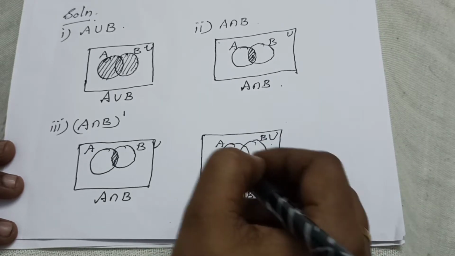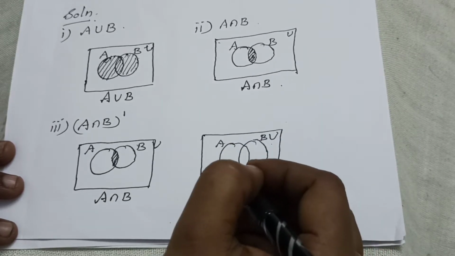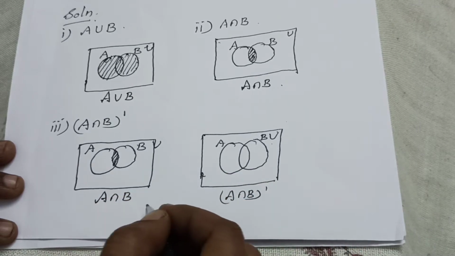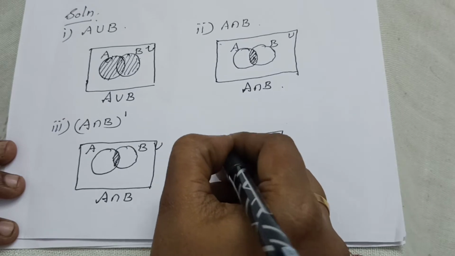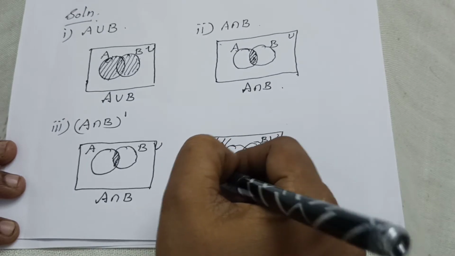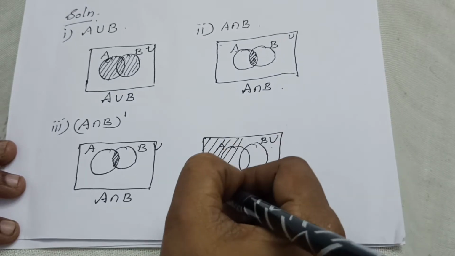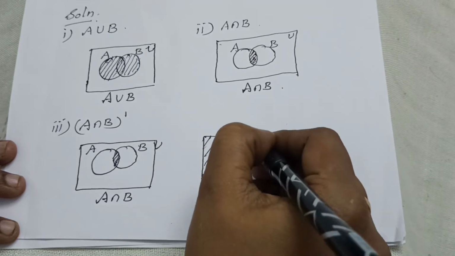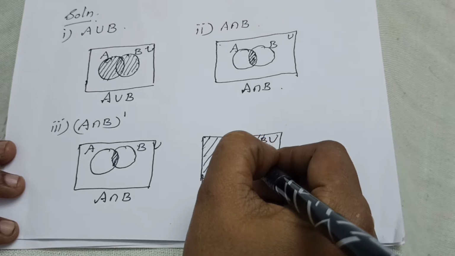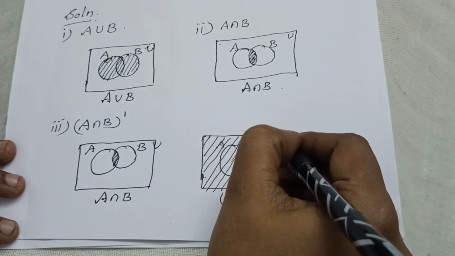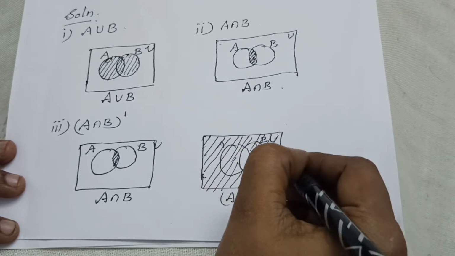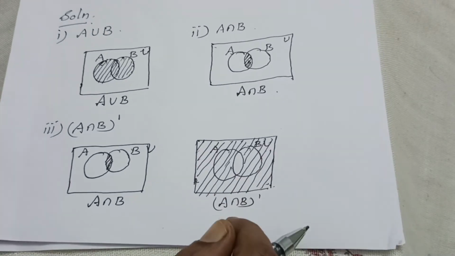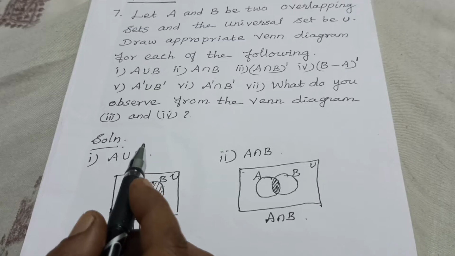It is not in A intersection B, so that portion you have to shade. Except this middle portion, the remaining portion we have to shade. Have you understood? Then this is A intersection B the whole dash.